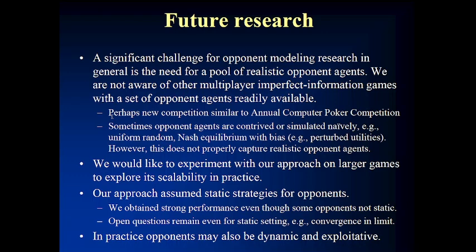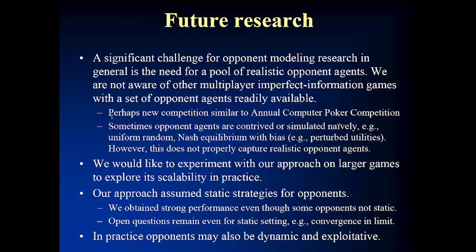I've seen some papers where they simulate usually somewhat naive strategies for the opponents, like making them uniform random, maybe adding a little bias, or taking a Nash equilibrium in some game where they perturb the utilities. If there's nothing better to do, that's better than nothing.